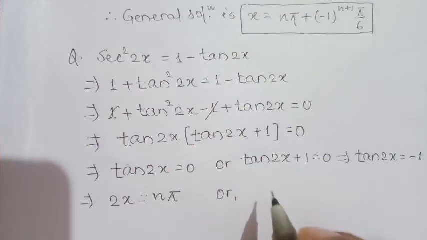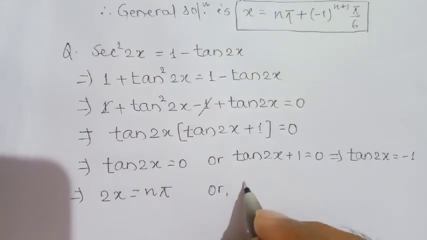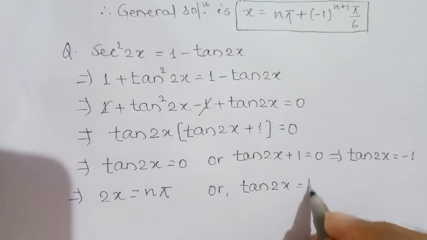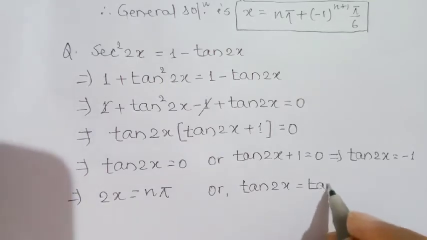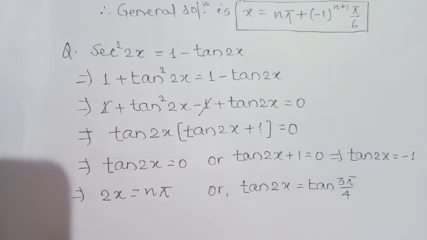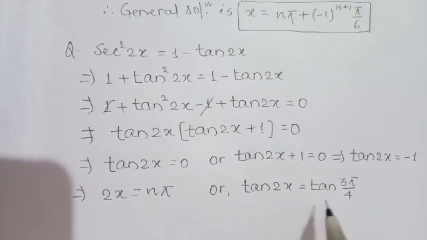So minus 1 is the value of tan 3 pi by 4. So from here tan 2x is equal to tan 3 pi by 4. Now write also the general solution of this value.